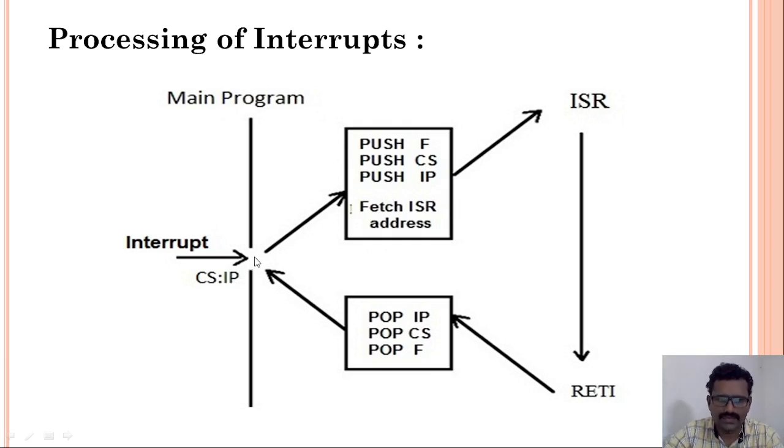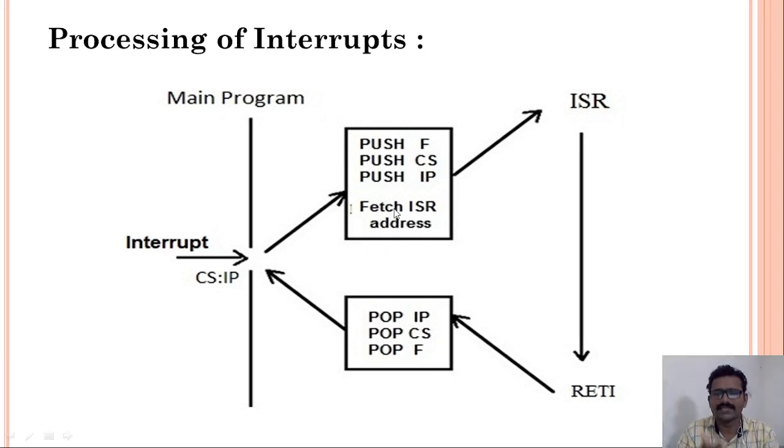Now what does the microprocessor do? It executes the current instruction, then pushes the flag register, the PSW or program status word, onto the stack segment, and it also pushes the CS value and IP value. Afterwards, it fetches the address of the interrupt service routine program.